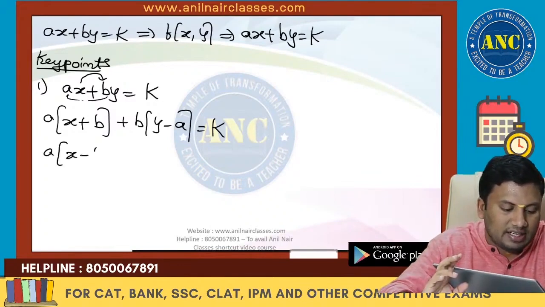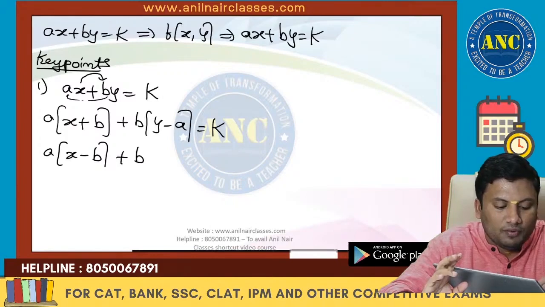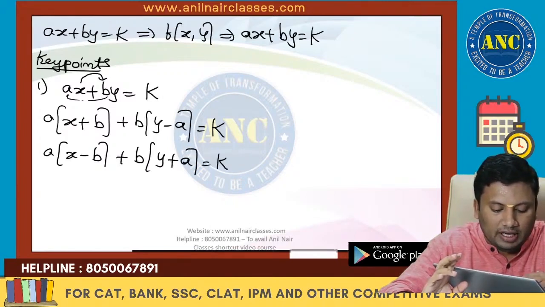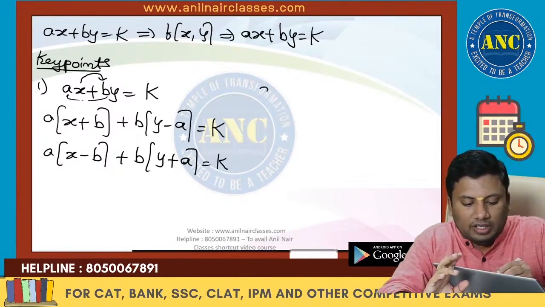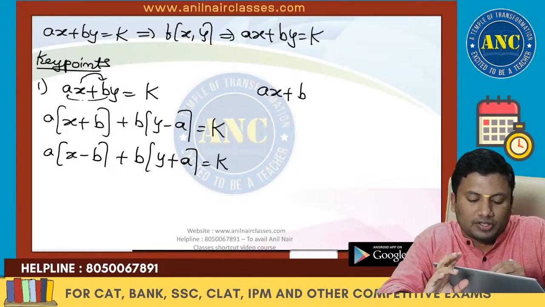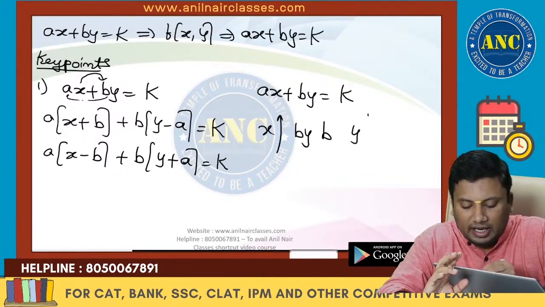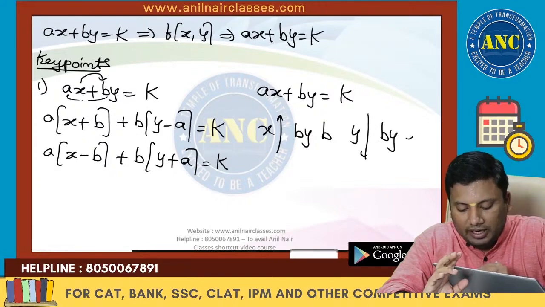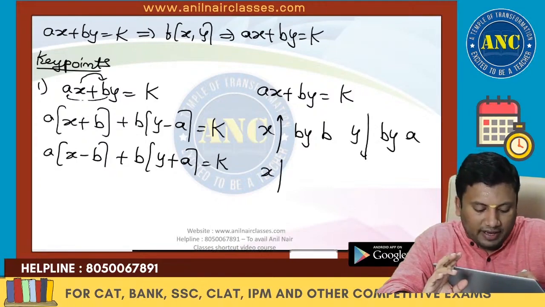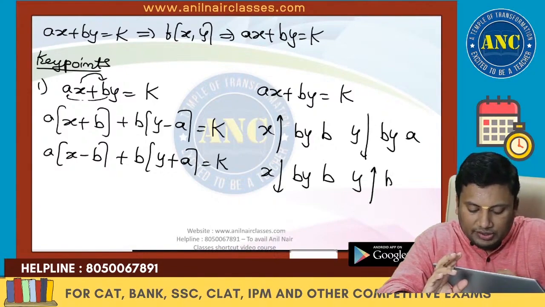If x is decreased by b, y will be increased by a. We will write down this point. Ax plus by equivalent to k: if x increases by b, y will decrease by a. If x decreases by b, y will increase by a.